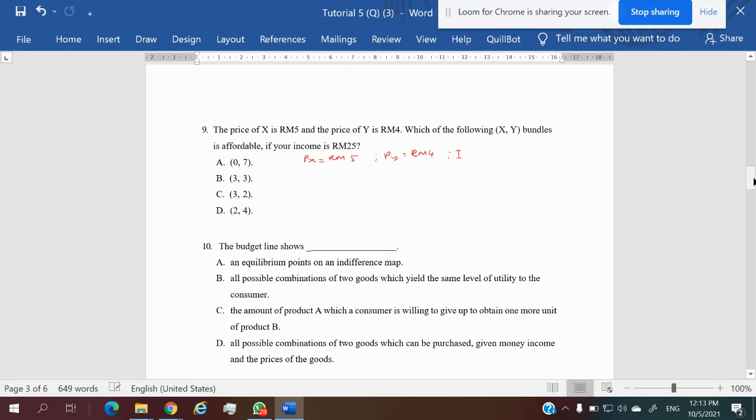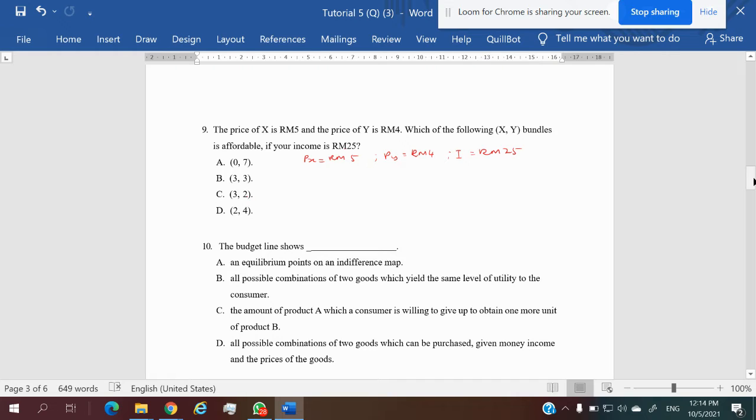So income is I. We have two combinations of good X and good Y. As a consumer, when you want to purchase some goods, you have to make sure you can afford to purchase that combination of goods. Let's say we want to consume a combination of goods at A here, 0 and 7: 0 of good X, 7 of good Y.